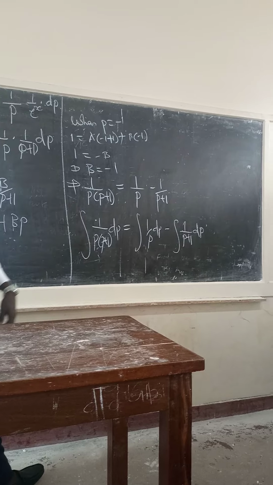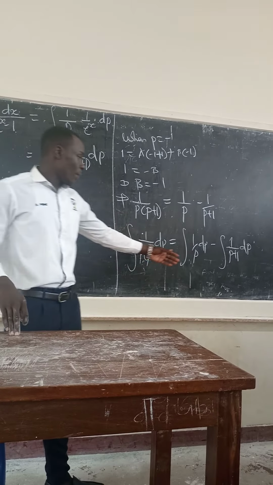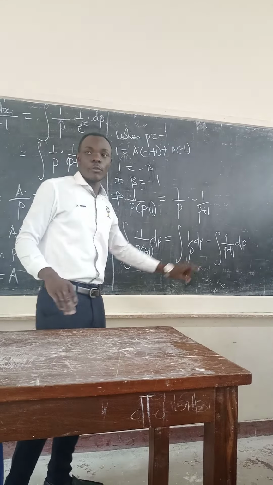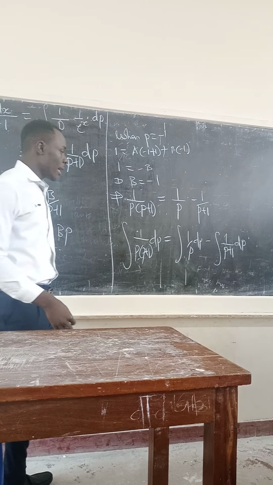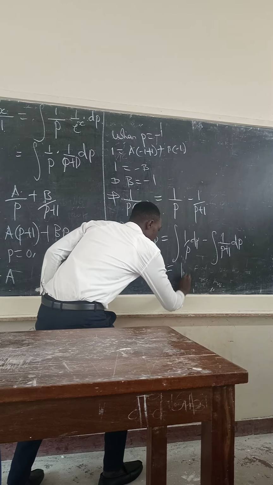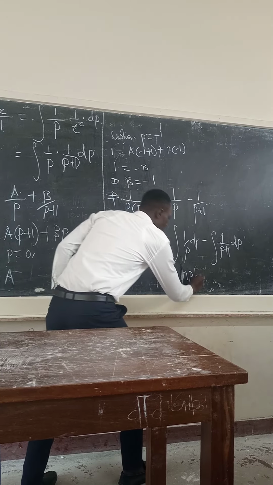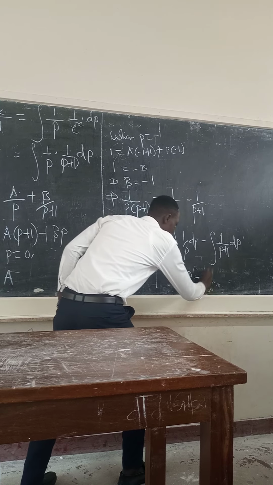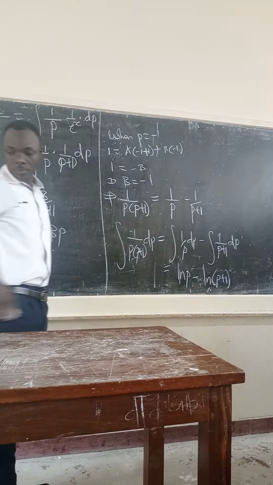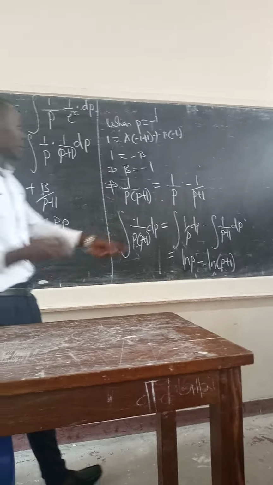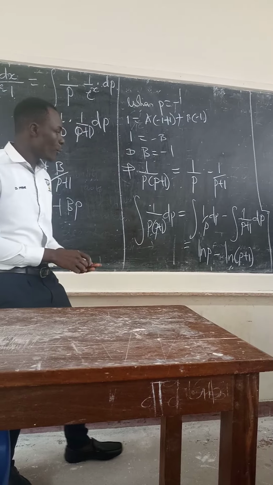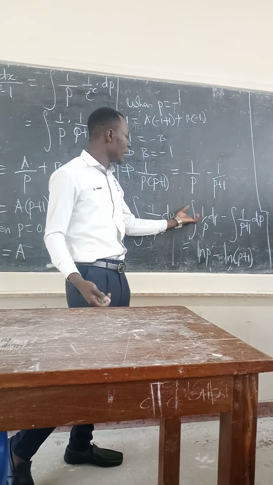I'm sure we all know very well, as we looked at before, that when we integrate 1 out of p, we shall come up with the natural logarithm, the ln of p, minus the ln of p plus 1. Having written this, we realize that we have moved already from the integral.